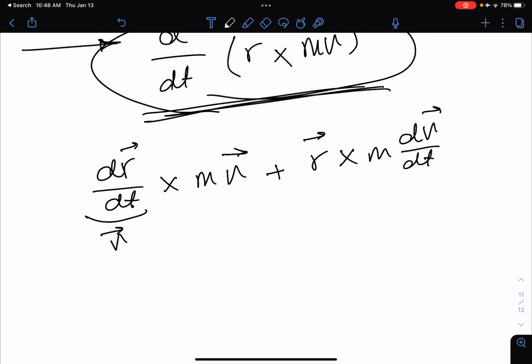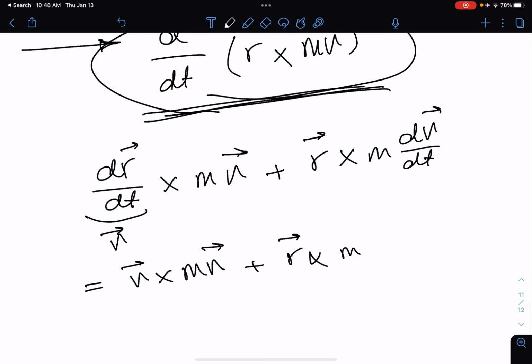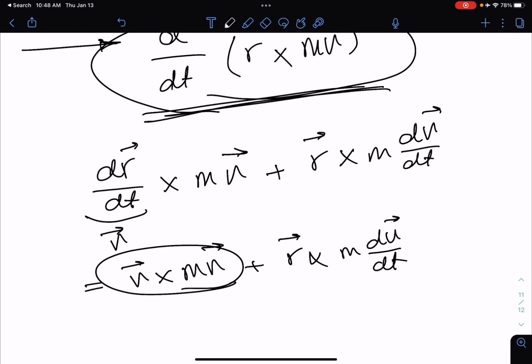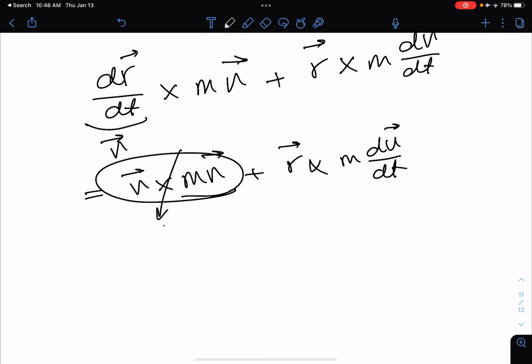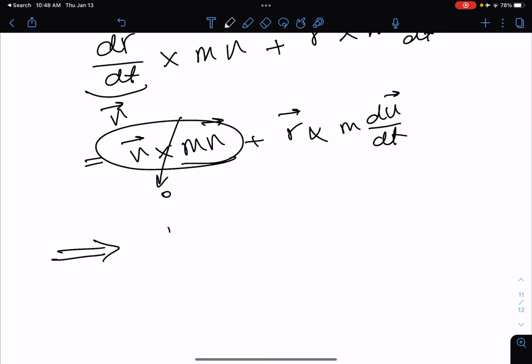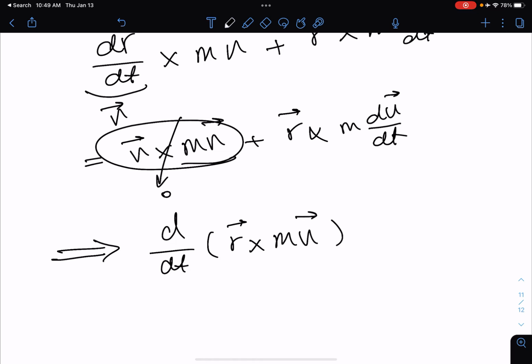So we are going to end up with v cross mv plus r cross m dv/dt. In one part of the right-hand side we have v cross v. What is the solution to this? Zero, because the cross product of v with itself is zero. So we end up with d/dt of r cross mv equals r cross m dv/dt.